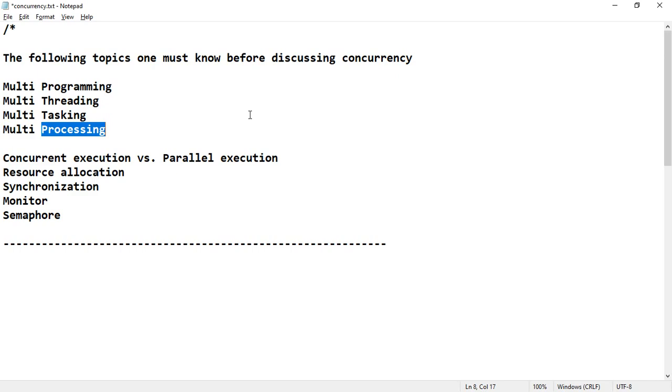That means multiple processors, that is multiple cores in the CPU, are working towards execution of one task. In multiprocessing we have two categories: one is symmetric multiprocessing, the second is asymmetric multiprocessing.